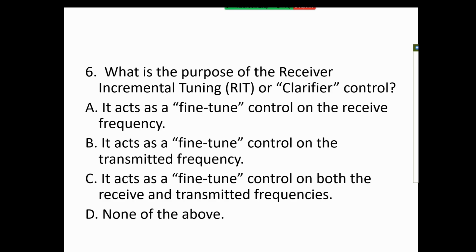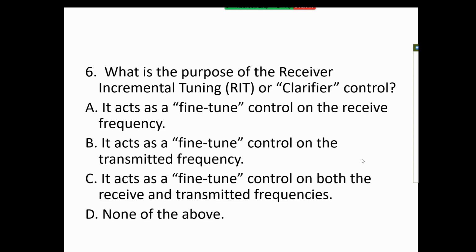All right, RIT, that was receiver incremental tuning. The XIT was the transmitter incremental tuning. So receive frequency, yes, A. B, that's the transmitted frequency. No, that's the XIT. Both, no. They're specifically asking the RIT. The simple fact that you are saying that it is a fine-tuning control means you're halfway there.